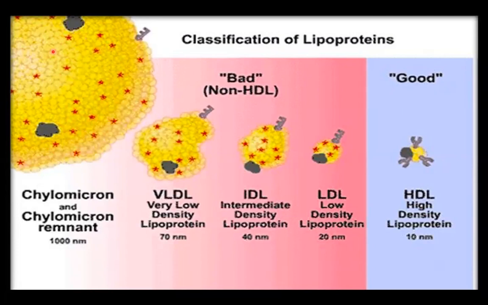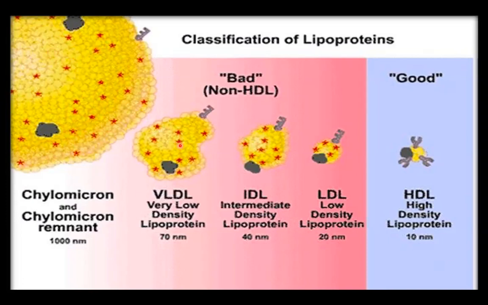Remember how earlier in the beginning, I told you you have to know the difference between triglyceride and cholesterol. You have to know that these are two different types of lipids, okay? My chylomicron mostly has, literally 90%, triglycerides, okay?